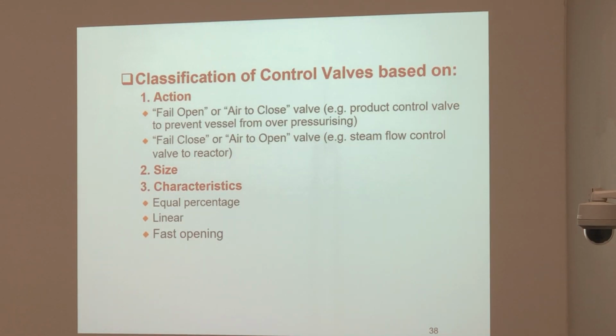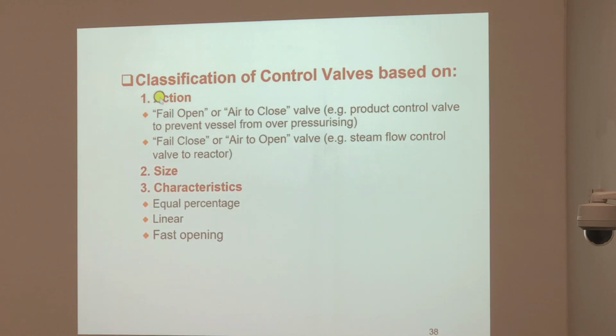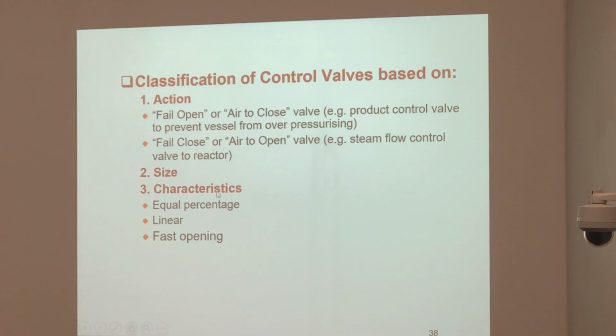Normally you have certain standard sizes like 2 inch, 4 inch, 6, 10 and so on. Those sizes can tell you different control valve categories also. And the other one is what we call characteristic. We have three types of characteristics of the control valve: equal percentage, linear, and fast opening. All these three relate to your Fx and also the X. We will go through that later. So to classify control valve, three categories: first by action, second by size, third by characteristic.